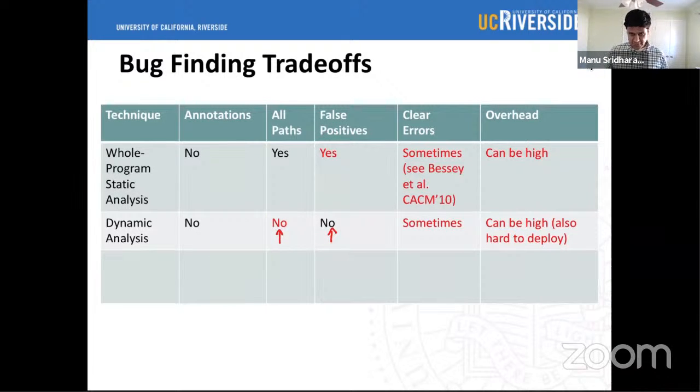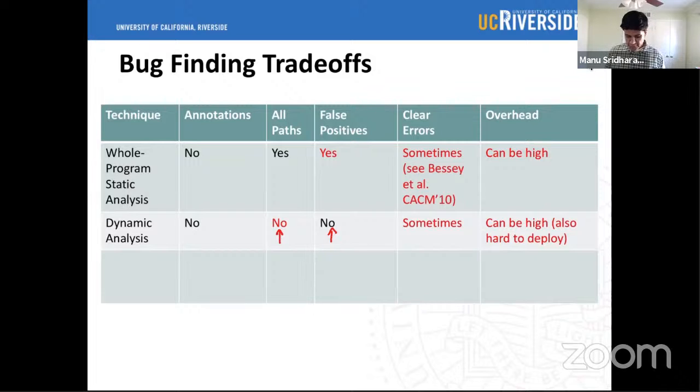And then in terms of error messages, they're often clearer than static analysis because you have a concrete execution path that witnesses the bug. But if it's a whole program property tying together many different source files, I would argue it still can be hard to understand what's going on in some of these issues.